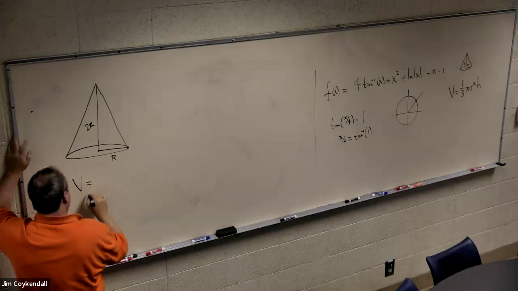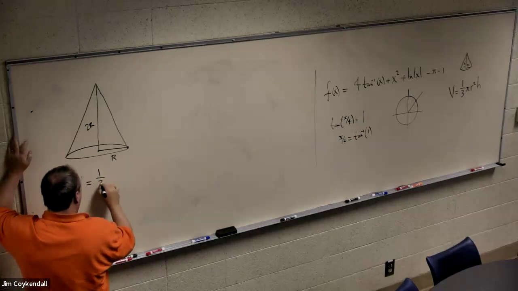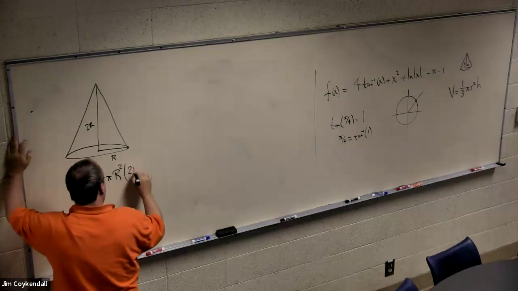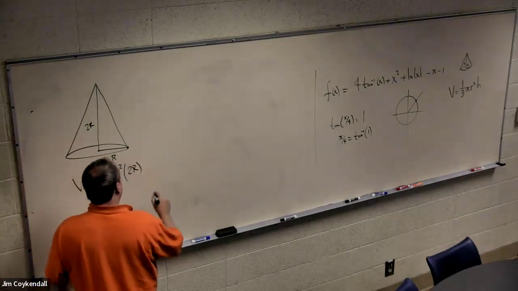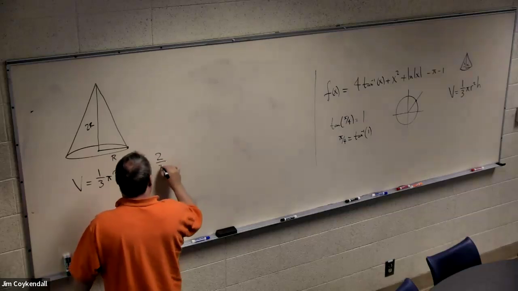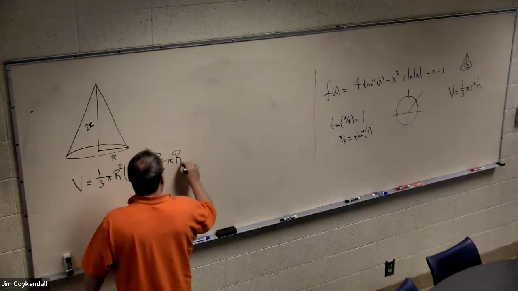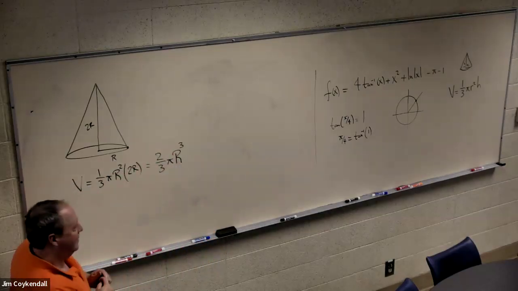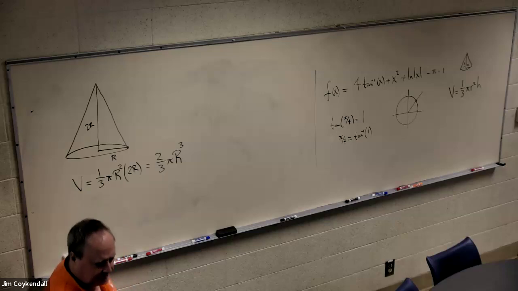Volume of my tower is 1/3 pi R squared times the height, which is 2R. So in this case, we get 2/3 pi R cubed. Everybody okay with that?